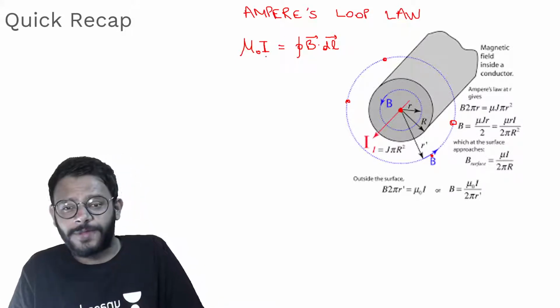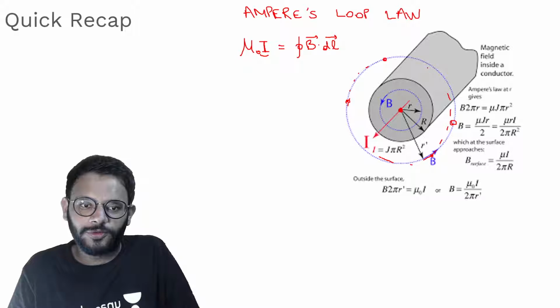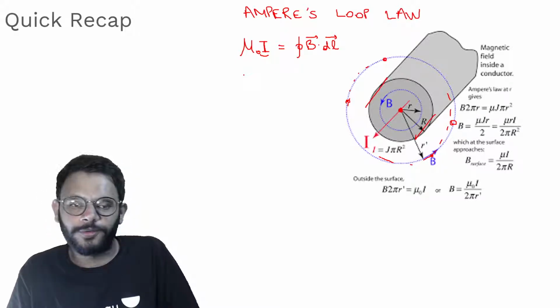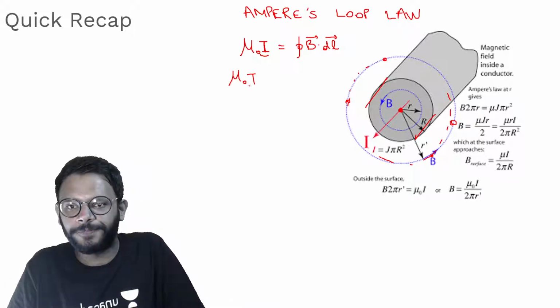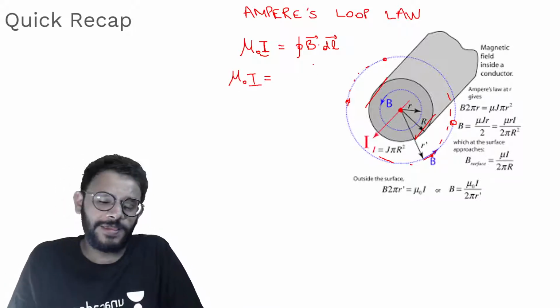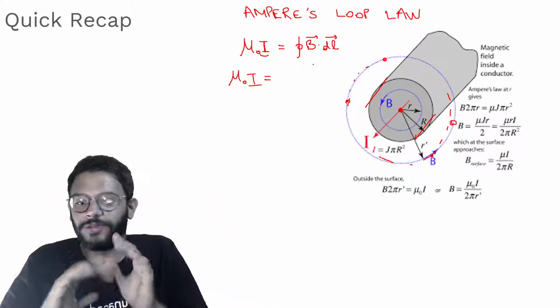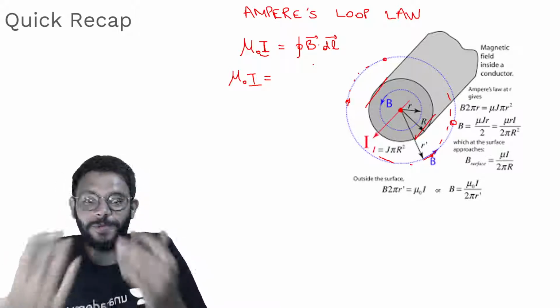Now I also know that I is the total current, I is enclosed entirely inside this loop. It's passing entirely through this loop. So mu naught into I enclosed is mu naught into I. And B is constant throughout that loop, as it is following the circular symmetry, as it should be, because it's a beautiful part of nature.